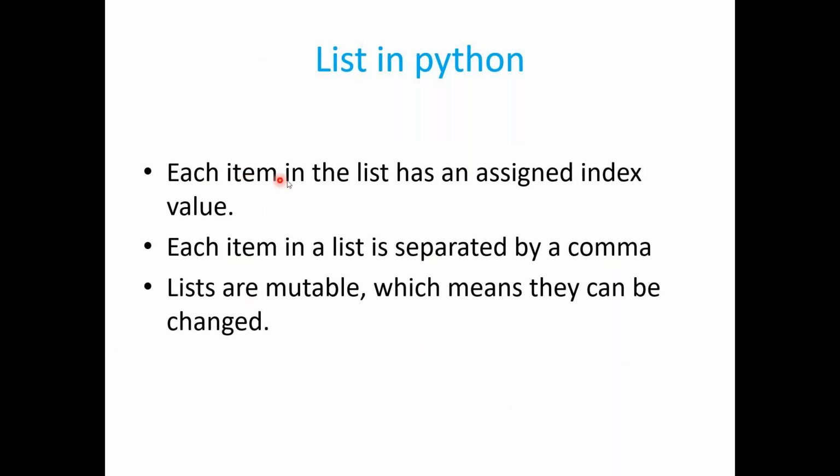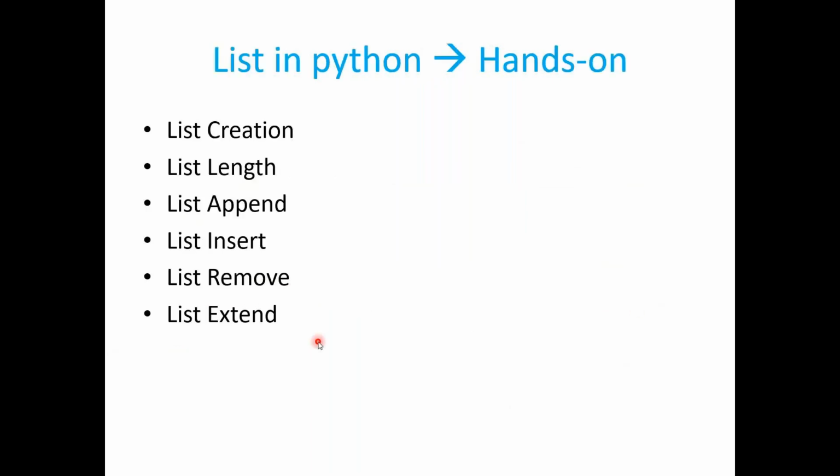And each element in the list has an assigned index value that we have seen. Each item in a list is separated by a comma, and this point is important. Lists are mutable, that is, they are modifiable. The meaning of mutable is nothing but modifiable, changeable. That is, we have seen how to insert the elements, delete the elements, update the elements, etc. Right? All that is possible because lists are mutable in nature. That is, they are modifiable.